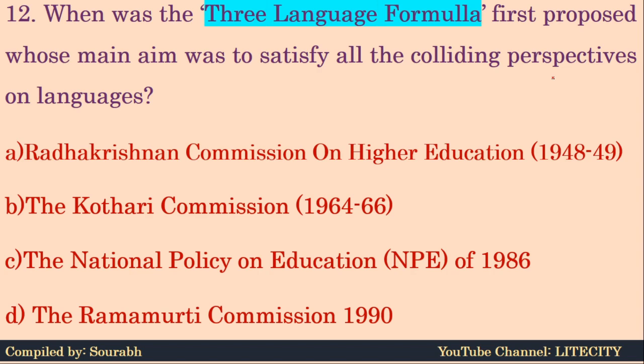Okay friends, it was the Kothari Commission 1964 to 66 which proposed this model, in which there used to be three languages. First was the mother tongue, or we can say the regional language. Second one was the official language of the Union, which is Hindi or English, because English had already become the subsidiary language.